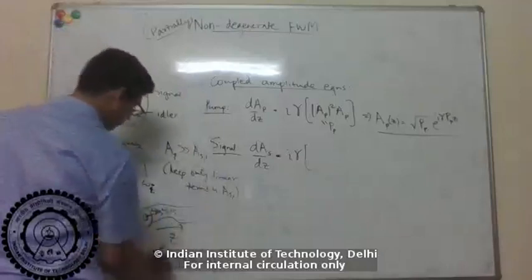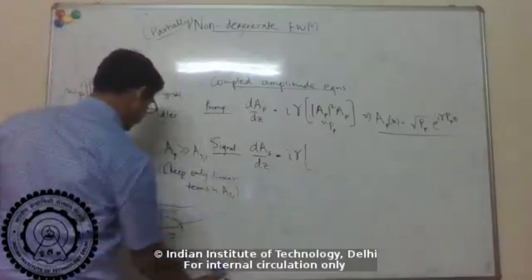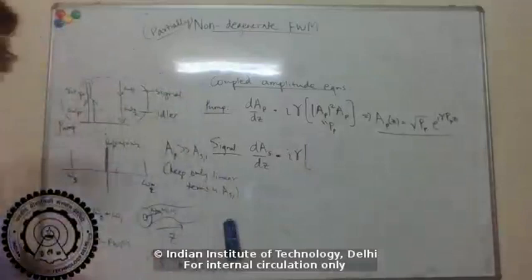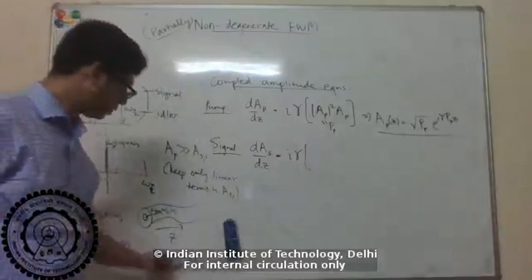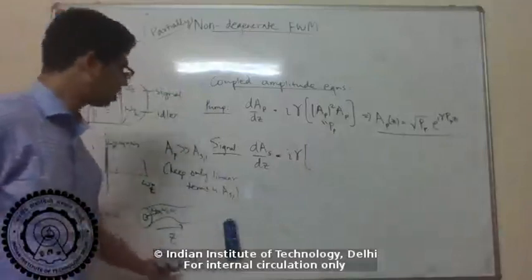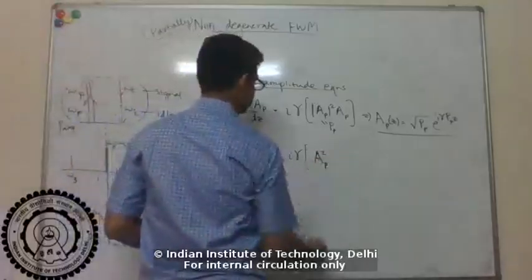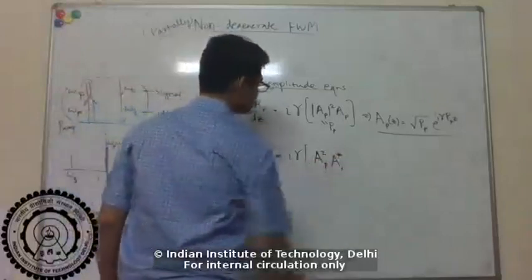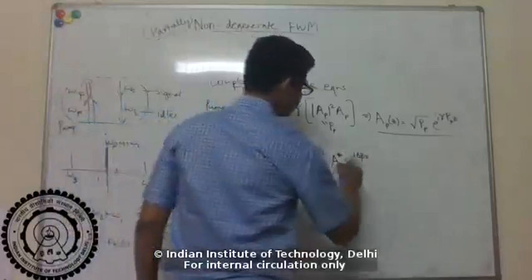So from here, you can get omega s as 2 omega p minus omega I. Right, so that 2 omega p's, I'll have two, so omega p plus omega p minus omega I. So I have two terms of AP. I'll have AP square, and then minus omega I is AI conjugate. And then I'll have e to the I, some phase mismatch term here.